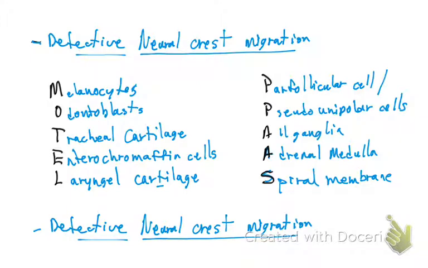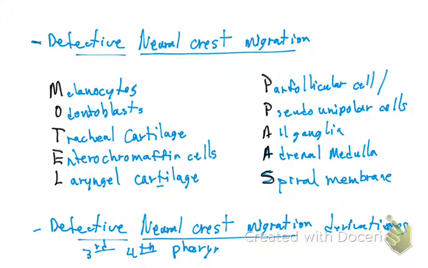This neural crest migration is a derivative from the third and the fourth pharyngeal pouches.